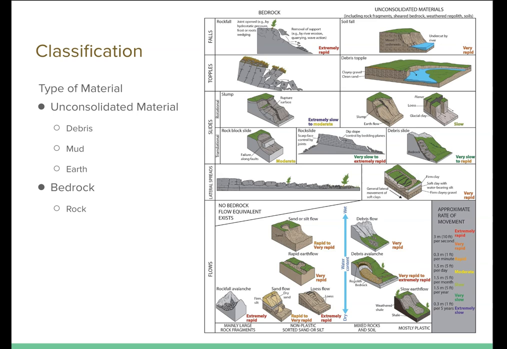Conversely, we can use the term rock if it's actual big cohesive pieces of bedrock that are moving. And so what we're going to do is add that type of material and the type of movement together to get our different types of landslide events.